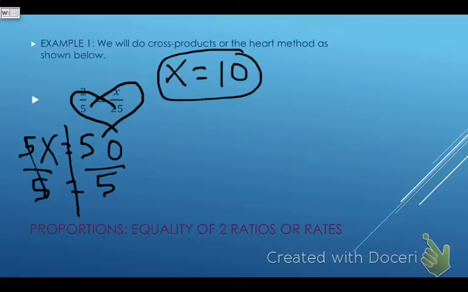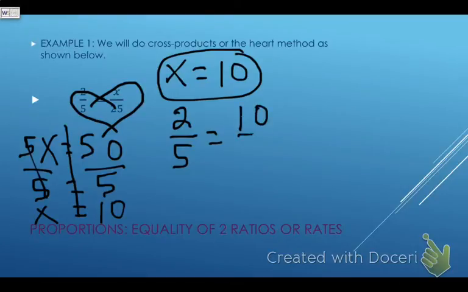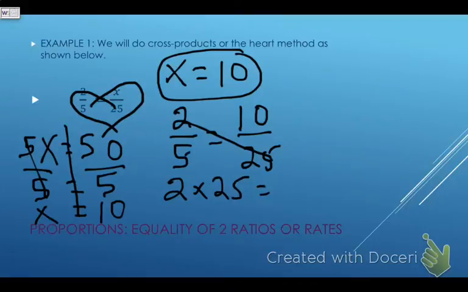Now if we want to check this process, we're going to rewrite the proportion: the ratio or the rate 2/5 equals, and now x is 10, so we're going to put 10 over 25. That's a substitution rule. To check that, we're just going to multiply 2 times 25 and 5 times 10.